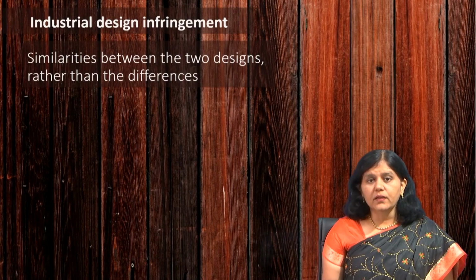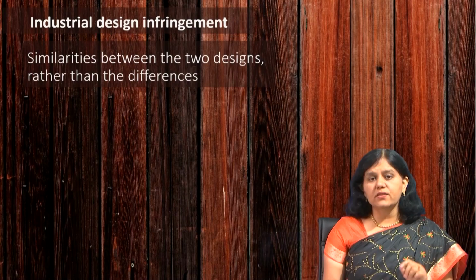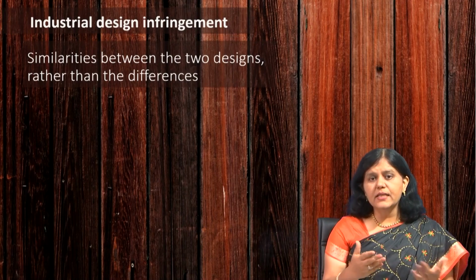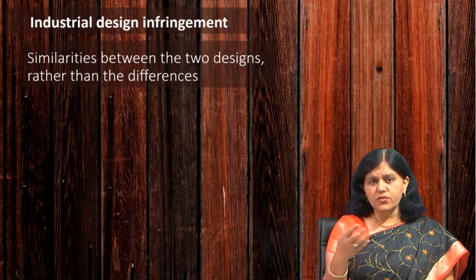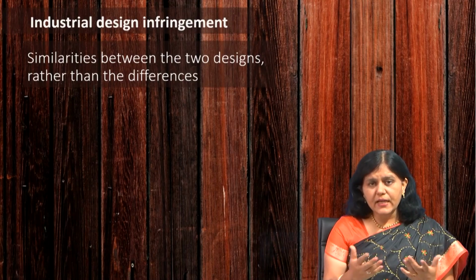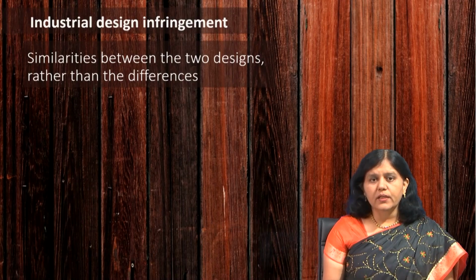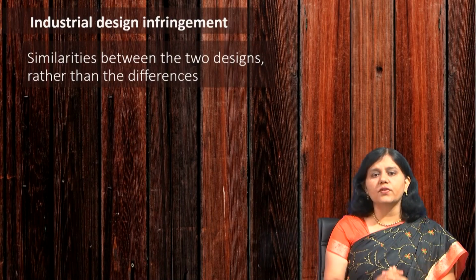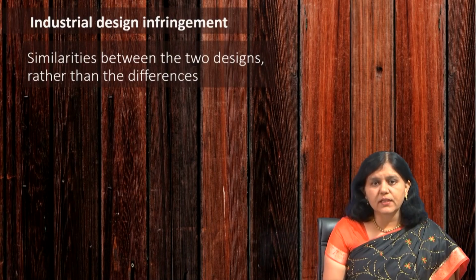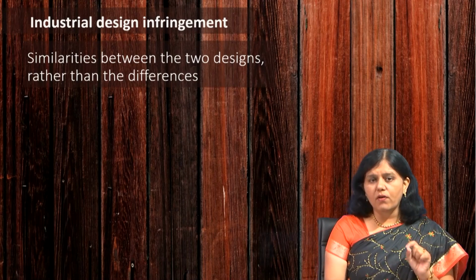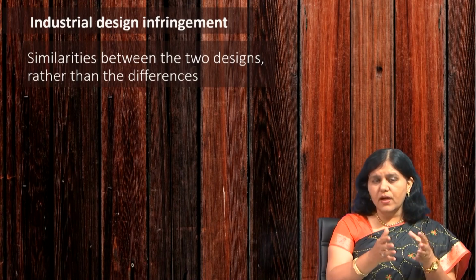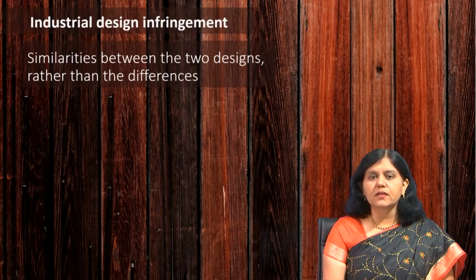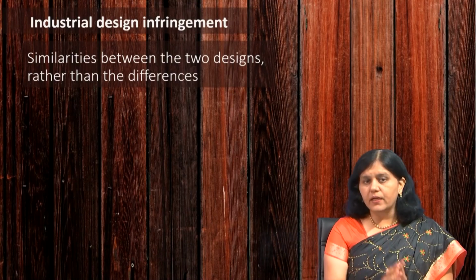Now, to understand if a person has infringed the monopoly of a registered design, the design is assessed under each jurisdiction's provisions, and the part that is checked is the visual appearance of the manufactured product rather than the function, because we already know that the functional part is covered by a patent and the appearance part is covered under industrial design.